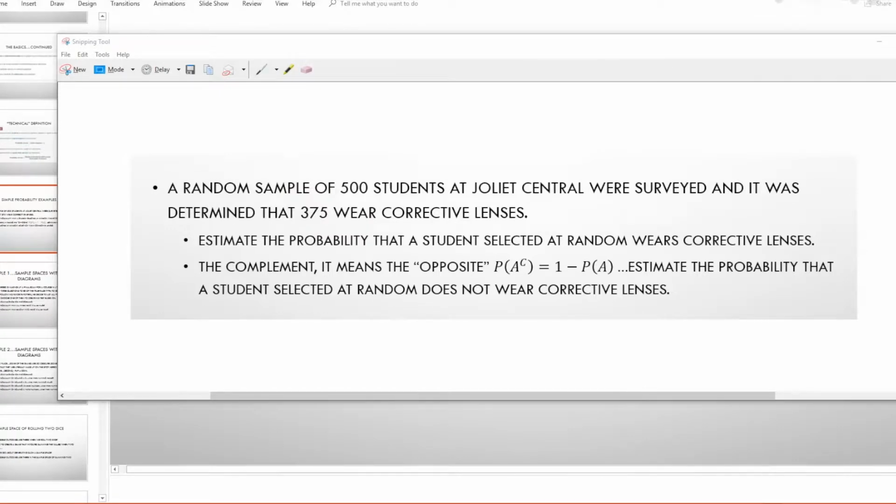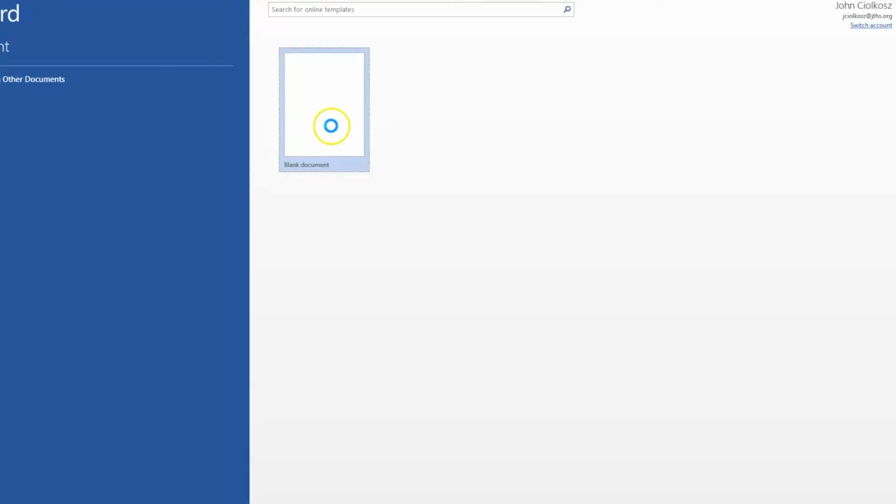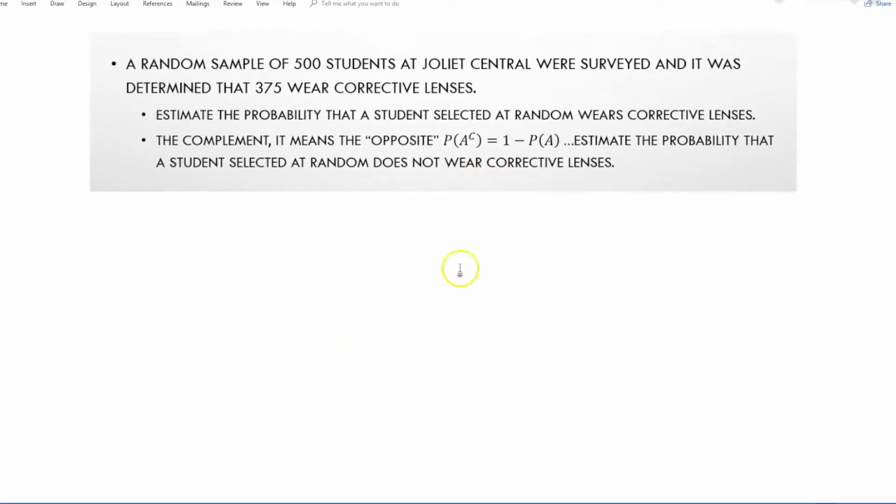Hang on, I think I had a blank Word document here we could use. Alright, there we go. Okay, so we have a random sample of 500 students at Joliet Central who were surveyed, and it was determined that 357 wear corrective lenses, something in contacts or glasses.